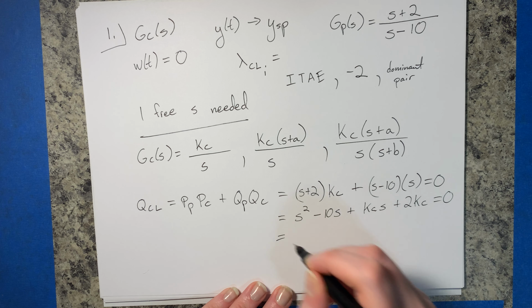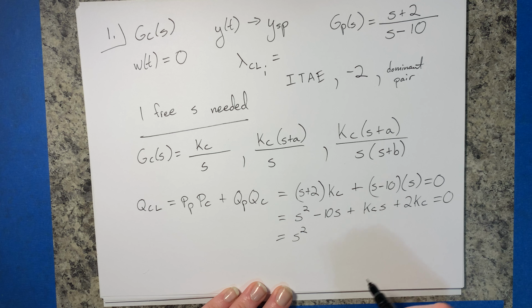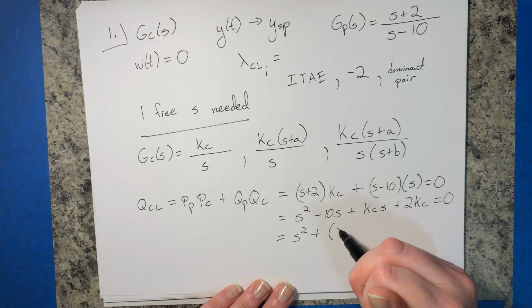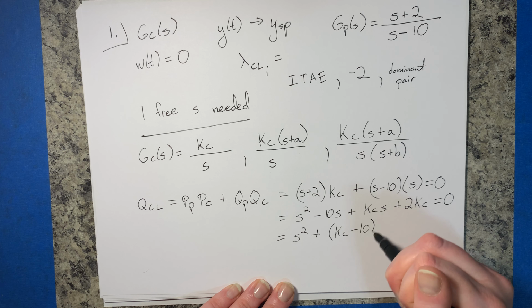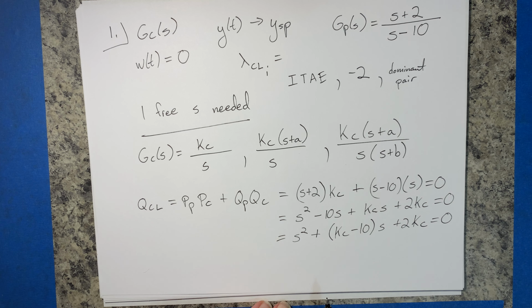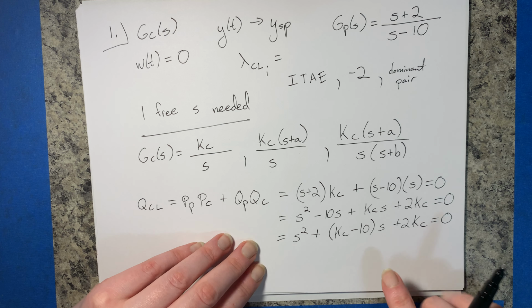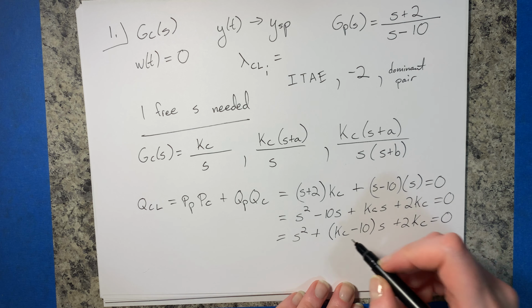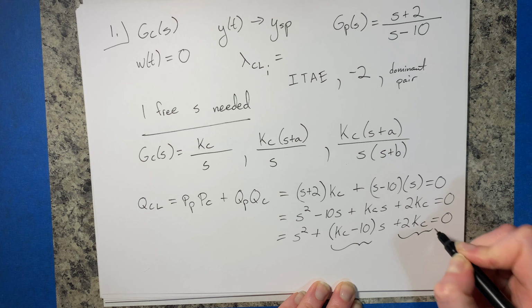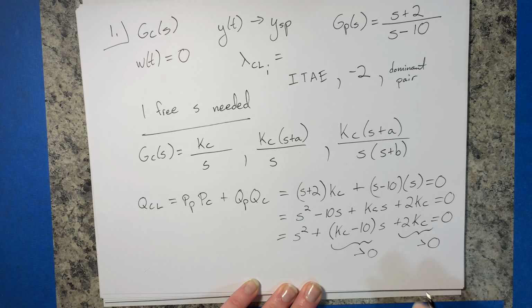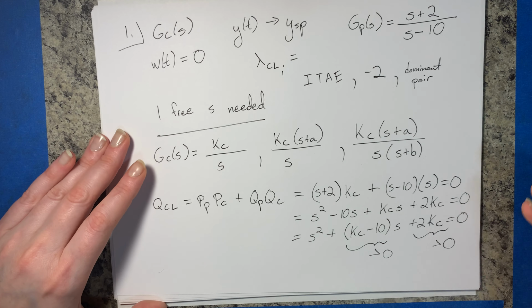So the question is, does this one work? Usually when we have a single parameter and 2 equations to satisfy, that may not work, but in this case it's going to work as long as we choose a careful value of KC.